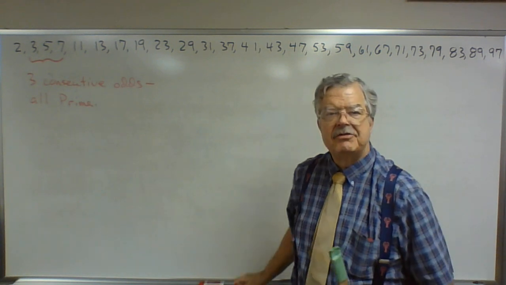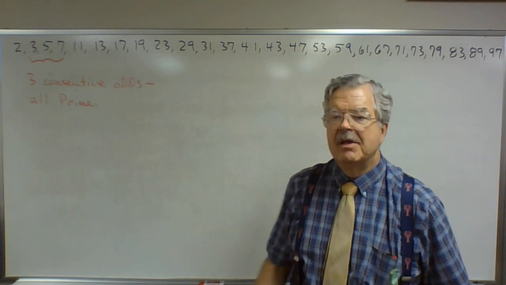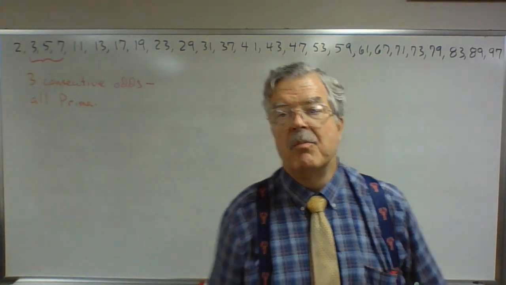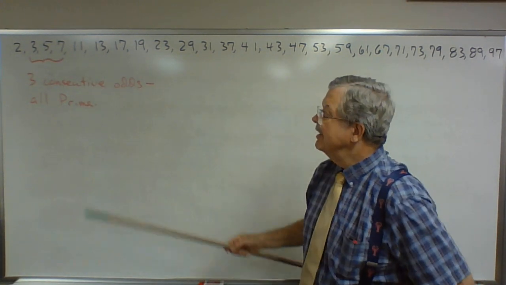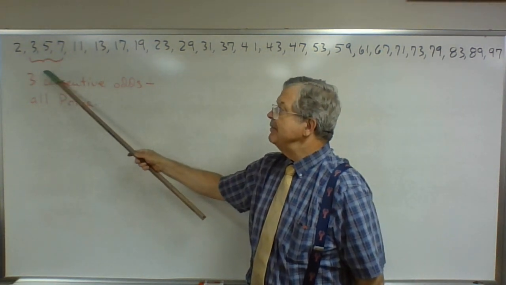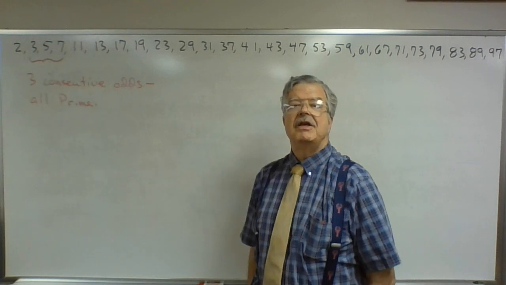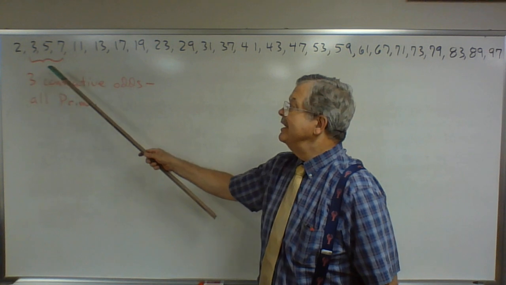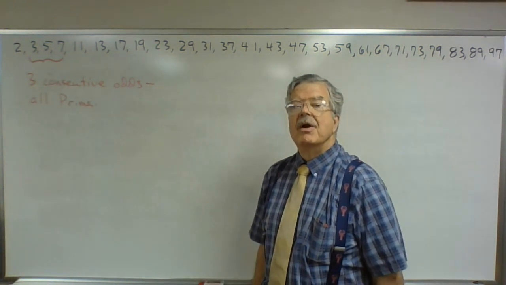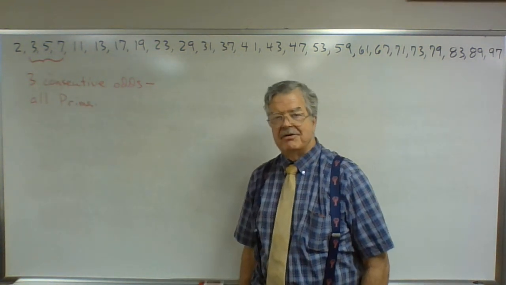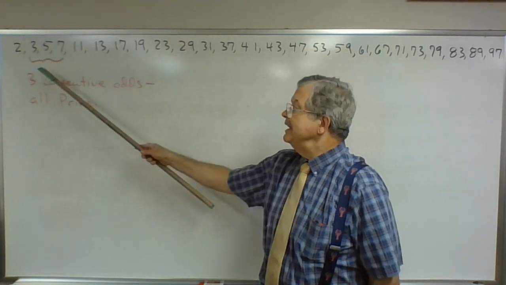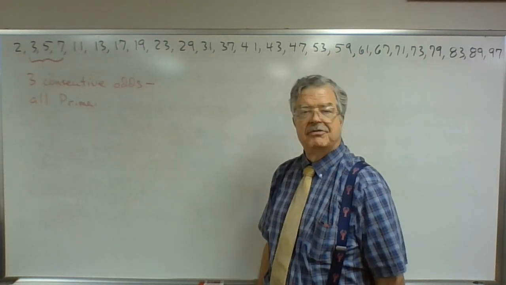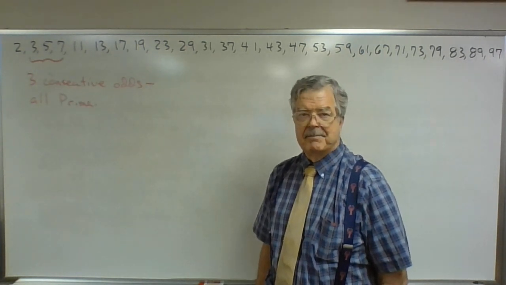We're not going to waste our time looking for any more of these. This is the only time that it happens in the entire set of natural numbers. We're not going to find another triple, 3 consecutive odd numbers that are all prime.